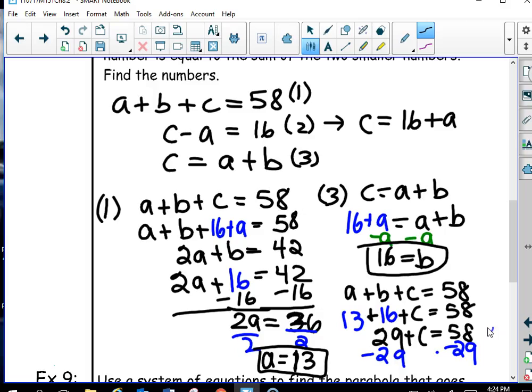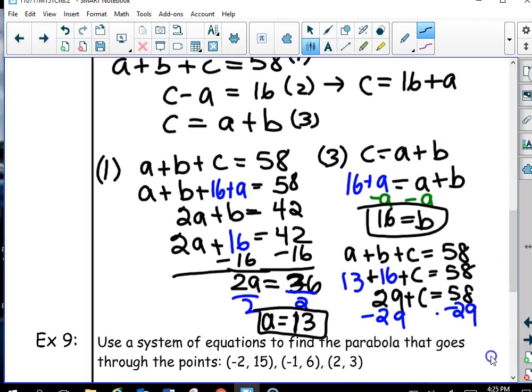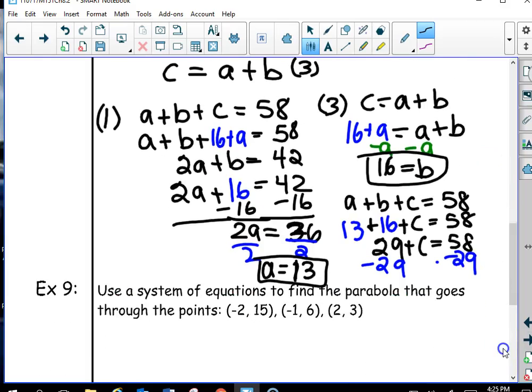Subtract 30 from 58 is 28, so 58 minus 29 is going to be 29 as well. So C equals 29. So the smallest number is 13, and then 16, and then A plus B is C, so 29.